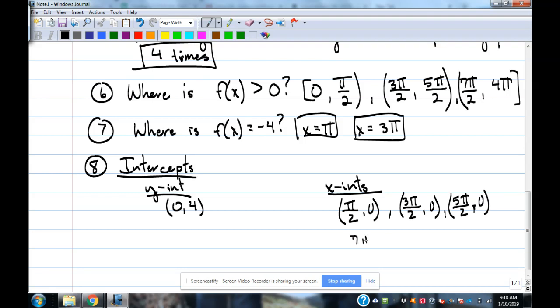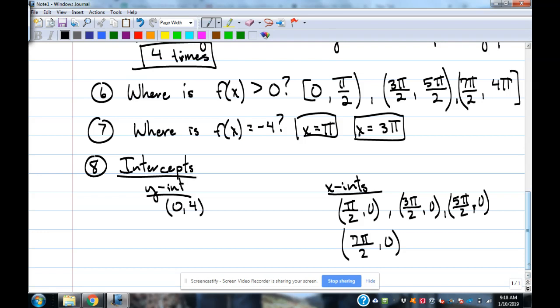And 7 pi over 2, 0. So X-intercepts are where Y is 0. Y-intercepts are where X is 0. We know that. We've been knowing that for a long time since we started this algebra thing that we've been doing. Okay, so not too bad.